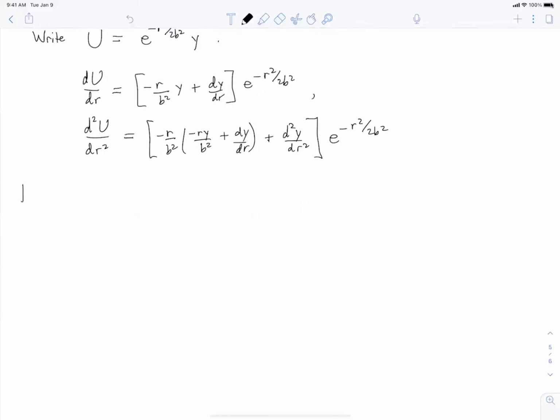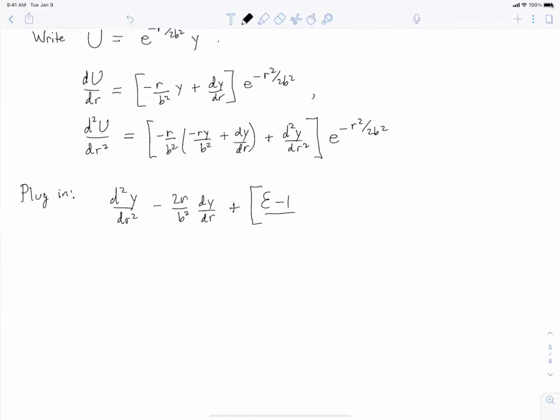Okay, and so now if you plug all that in, the exponential factors being common, they all cancel out multiplicatively. And so you get second derivative with respect to r minus 2r over b squared, first derivative with respect to r, and then, actually, I'm going to write this in a different way. I'm going to write it as curly E. I'll explain what that is in a second.